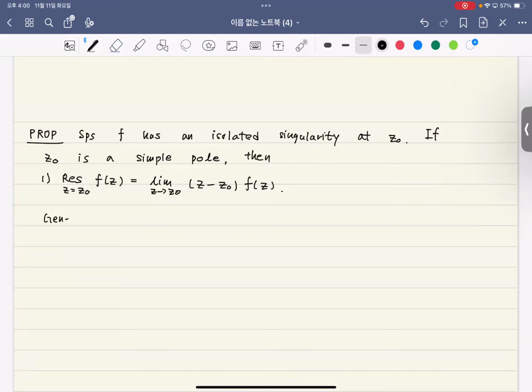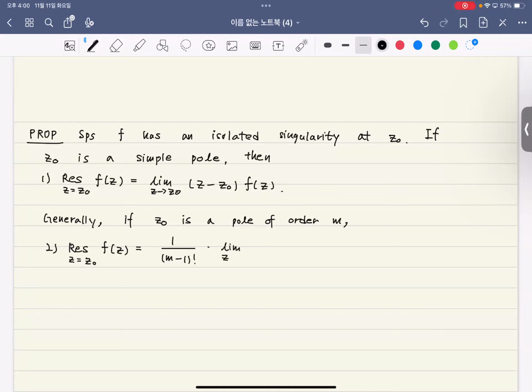So in general, if this is a pole of order m, then the residue is 1 over (m minus 1) factorial times the limit as z tends to z0 of the (m minus 1)th derivative of (z minus z0) to the m times f of z.